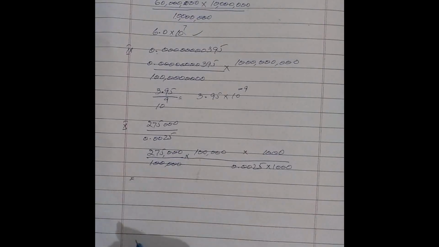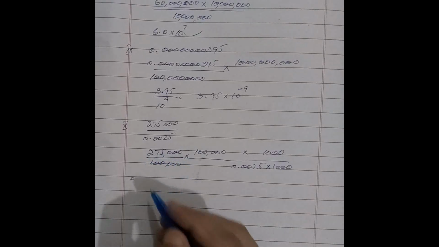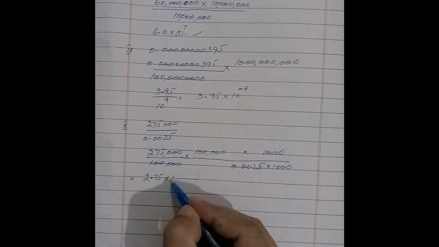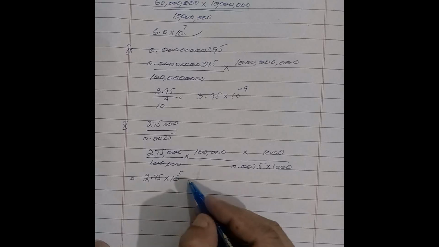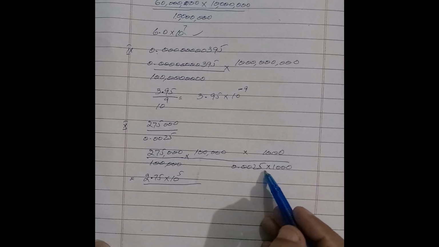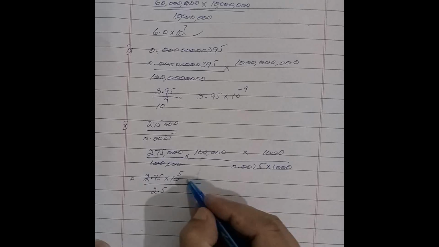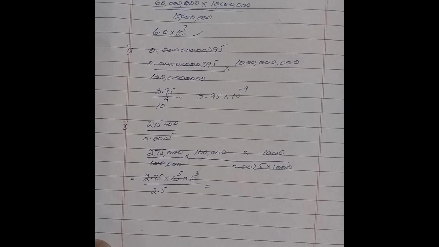Now simplify these two values. 275,000 converted into scientific notation, we get 2.75 multiplied by 10's power 5, and 0.0025 multiplied by 1000, we get 2.5 into 10's power 3.